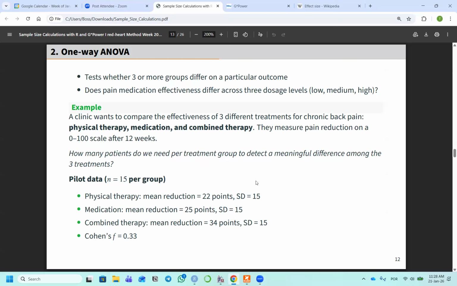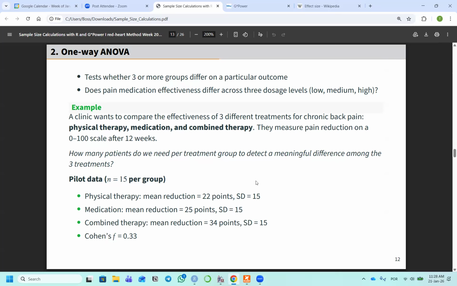There is physical therapy, and they will give some medication, and they also give a combined therapy which is physical plus medication. Now they try to measure the pain reduction after 12 weeks, where the scale runs from 0 to 100, where numbers close to 100 mean the therapy is doing well.